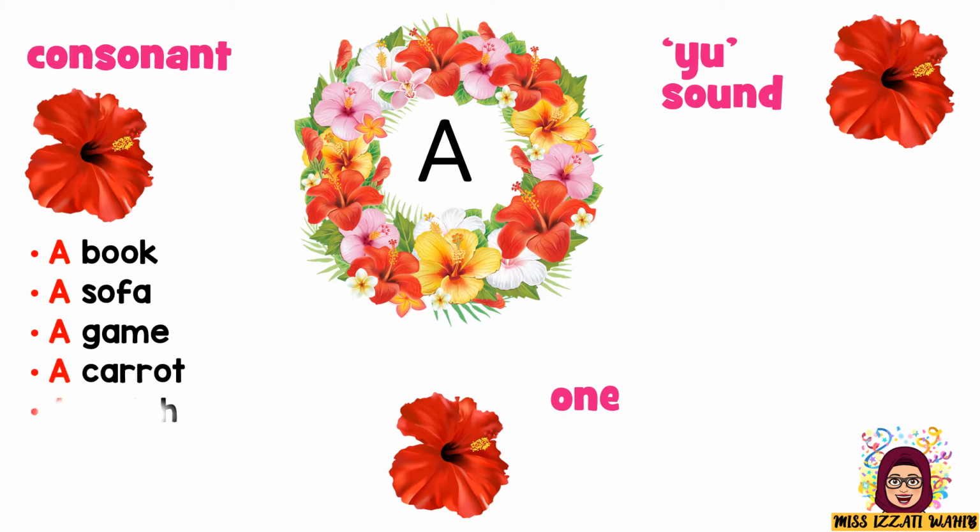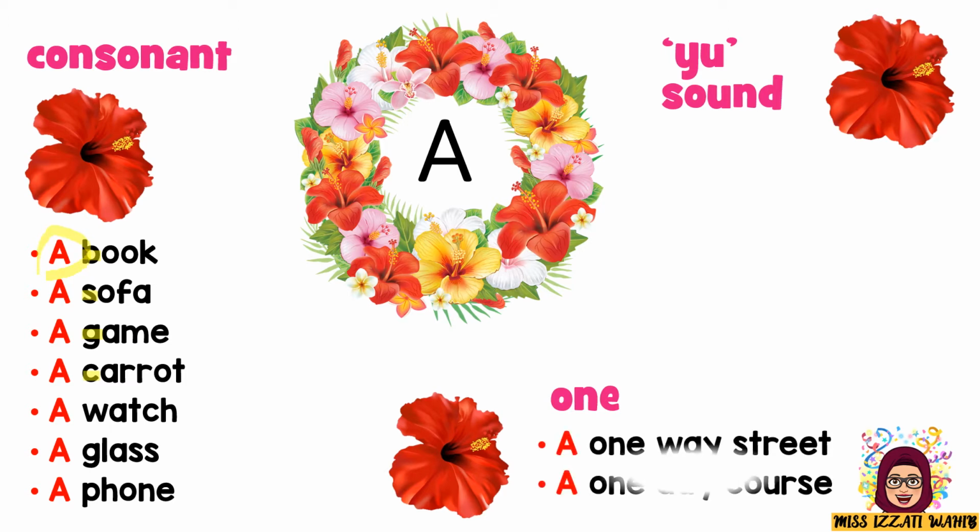A carrot, a watch, a glass, and a food. If you can see here, all nouns have the consonant as their first letter. We have B, S, G, C, and so on. That's why we use a.